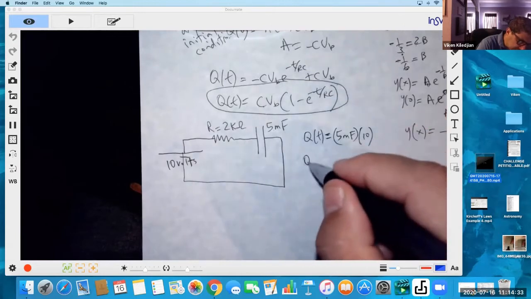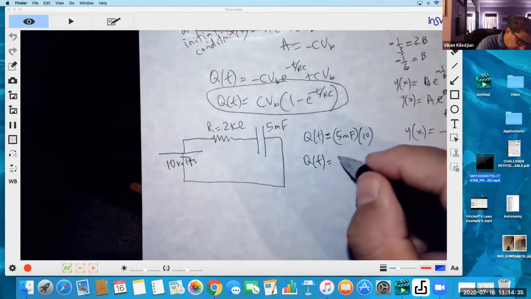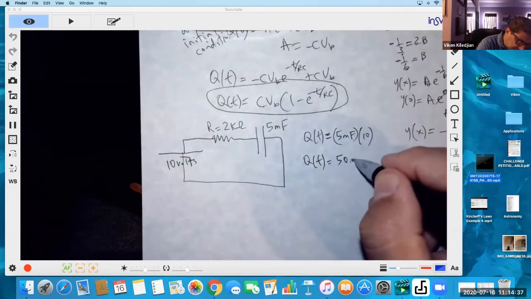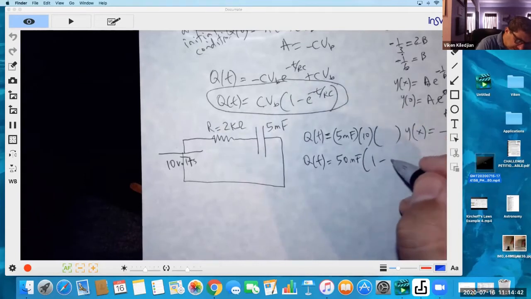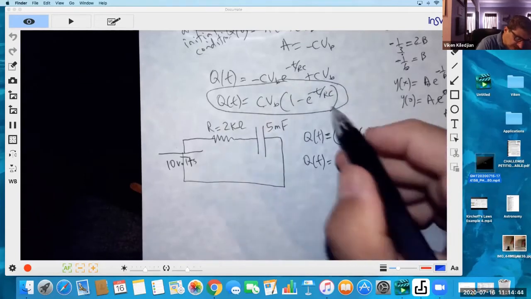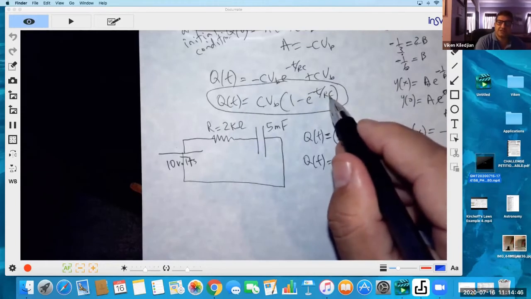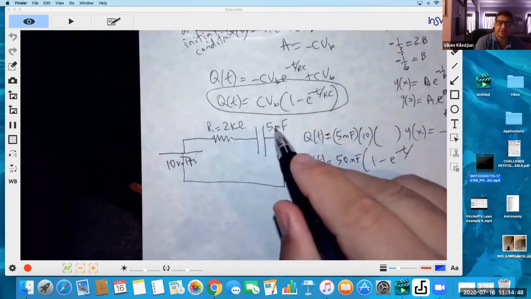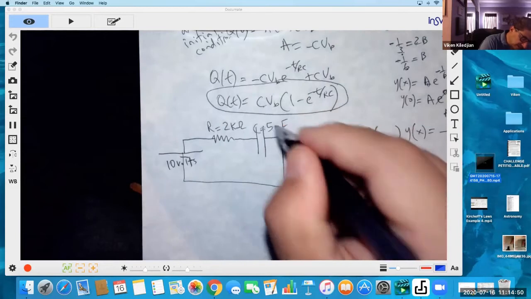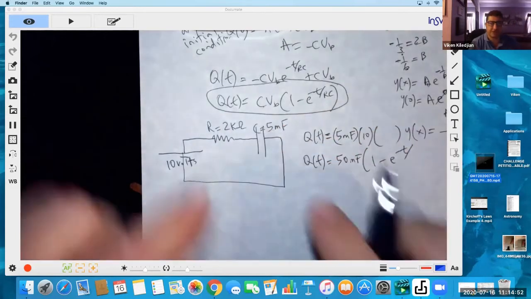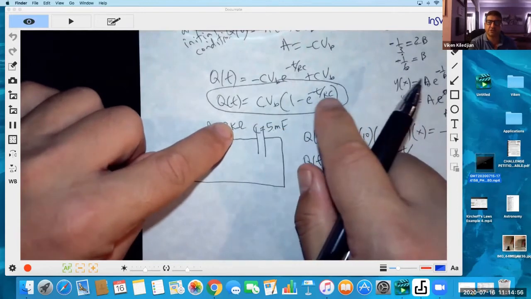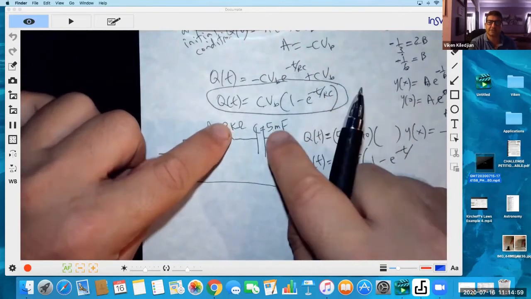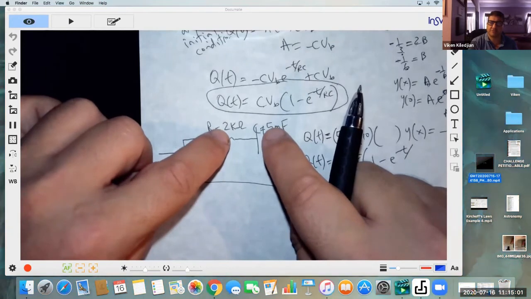So you have here that's going to be 50 millifarads. And then you're going to have parentheses, 1 minus e to the minus t over RC, which is going to be the product of the capacitor and the resistor. So I did it kind of to make it easy. The milli and the kilo are going to cancel when I take the product, and it's just going to be 2 times 5, which is 10.